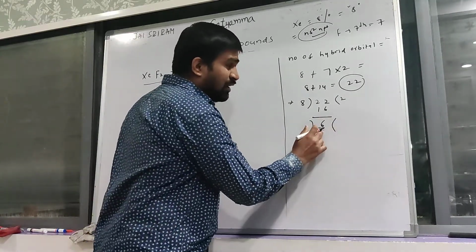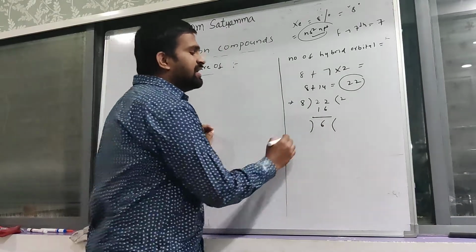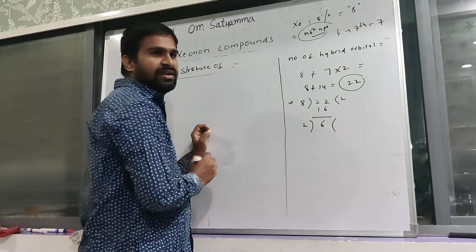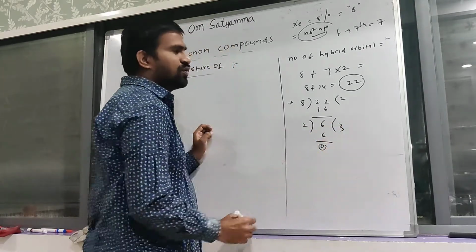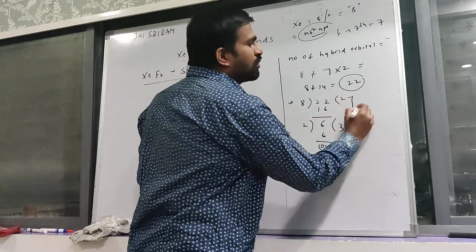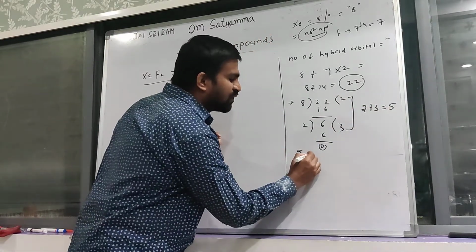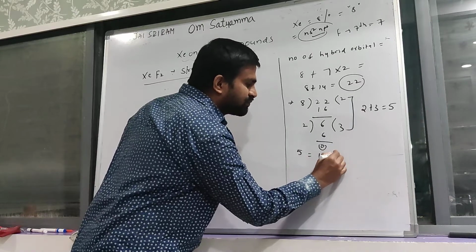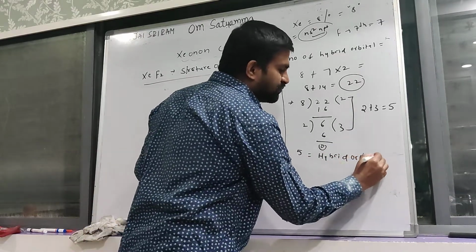This value is below 9, so again divide by 2. Totally 6, so 2 plus 3 is equal to 5. This 5 is equal to the number of hybrid orbitals.